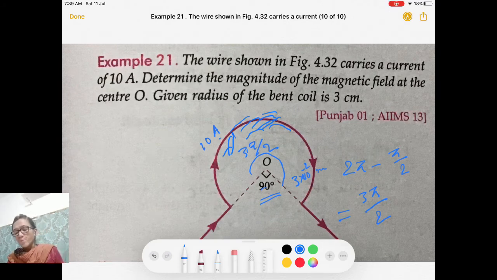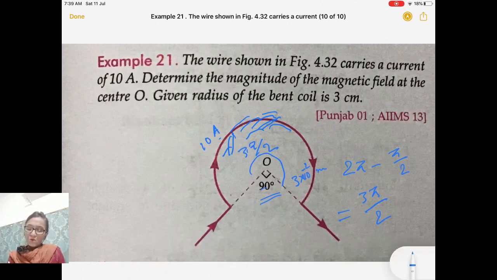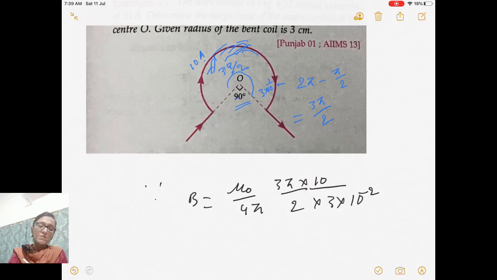Okay. So two things we need to write. Firstly magnitude and then direction. So it is inside.